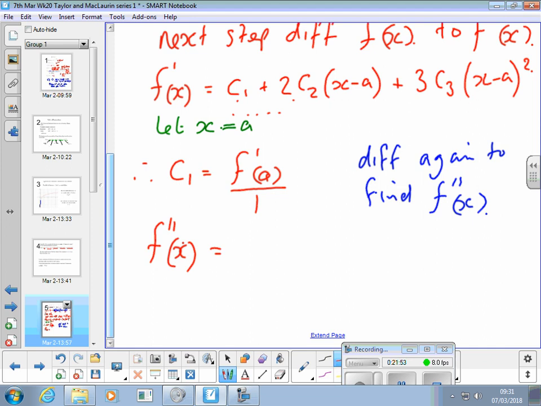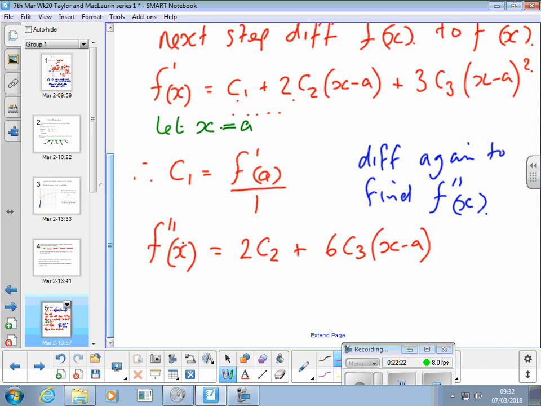Differentiate C1, it disappears. C2, differentiate 3 squared, 6C3, agreed.